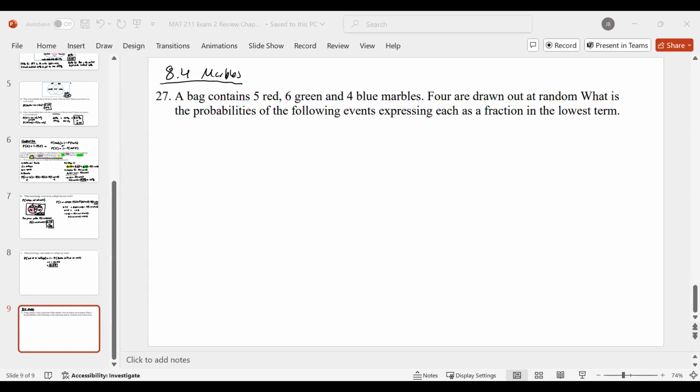So the last section we have to cover is marble problems, just combinations. It's basically using combinations and probability. There will be at least one marble problem on the exam because we have one whole section covering it.